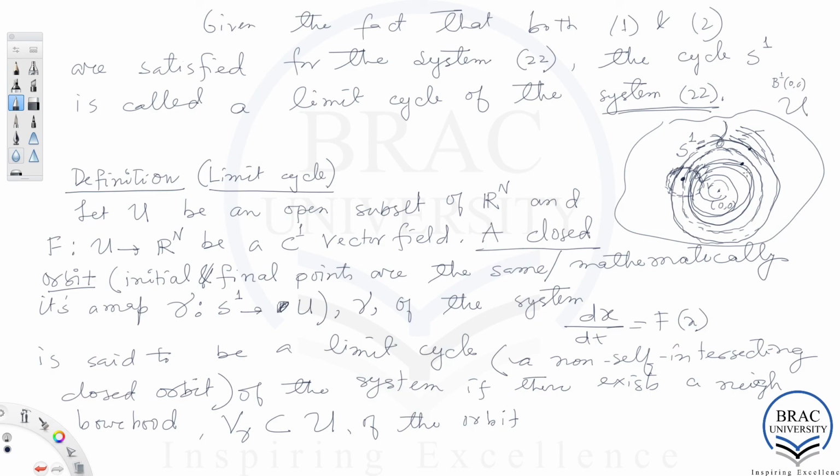This is the neighborhood. So this circle gamma is contained in this annulus, and that annulus is going to be the neighborhood of gamma. In our context, that neighborhood is going to be the annulus.